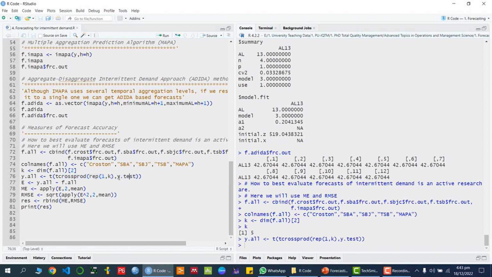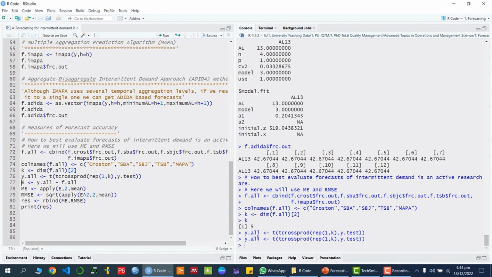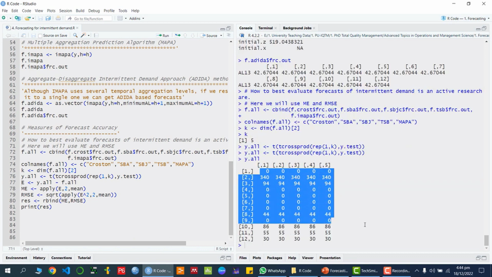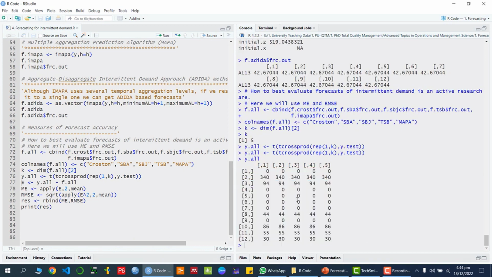These are the test values, and with the help of this I am repeating one up to k times, which means 5 times, then multiplying the cross product with the test values and taking the transpose. If I run this and then f.all, you can see these are the resulting values.